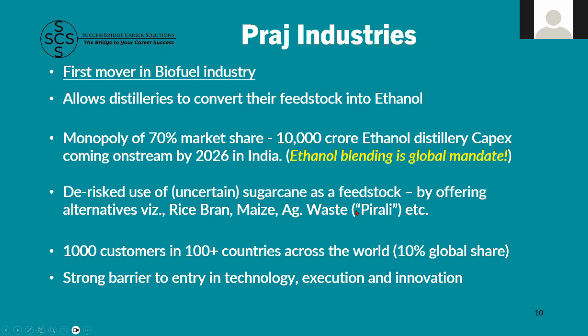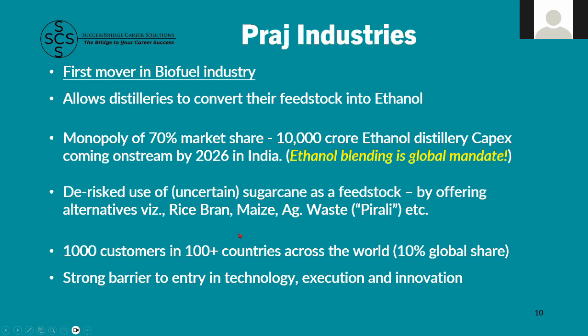There is the burning of agricultural waste in Punjab, Haryana, etc. So instead of burning, the company R&D also allowed for the parali, as it is called, to be used as a feedstock to convert into ethanol.